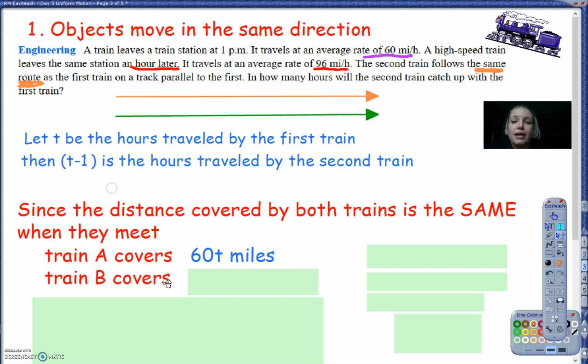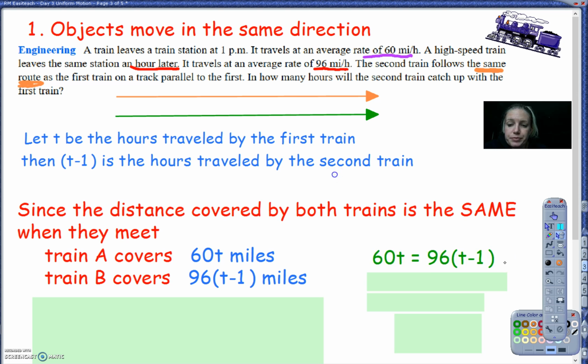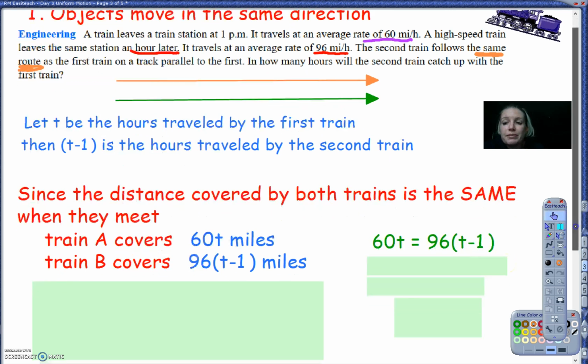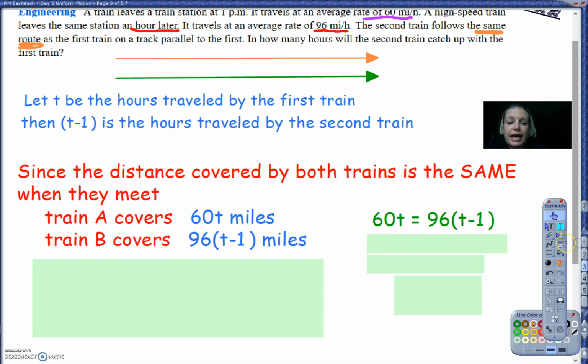Train B goes at 96 miles per hour, so it covers 96 times T minus 1 miles. Okay, so this should relate to what we were just talking about. Now, we know that they are going to travel the same distance. That's what we're asking. When will they catch up with each other? So we have that, and all we have to do is solve.